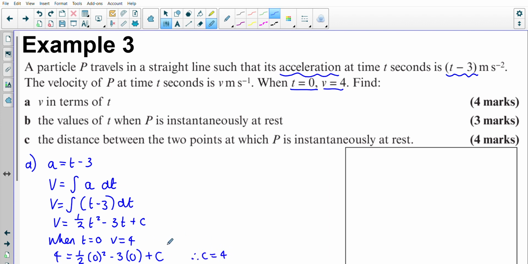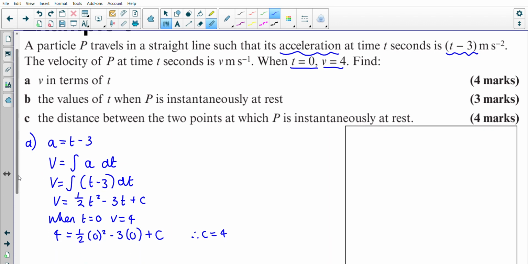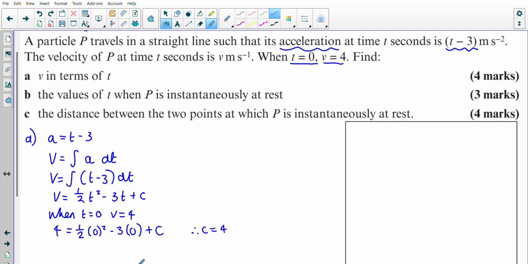And some students will be able to jump straight to there because this is the y-intercept if you think about it. When t is 0, v is 4, so c must be 4, being the y-intercept. So you can jump to what the value is there. So that is v in terms of t.